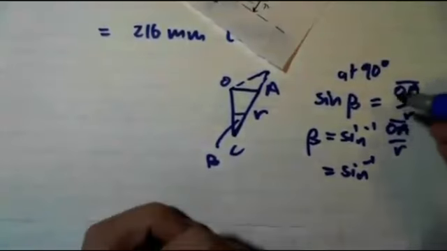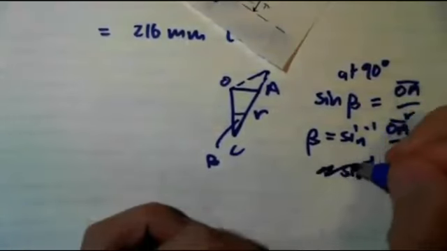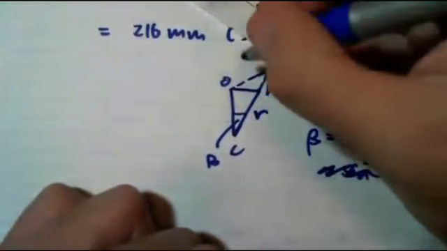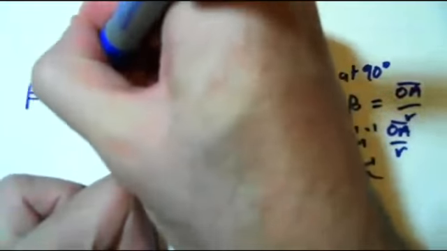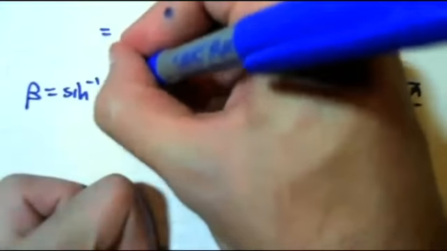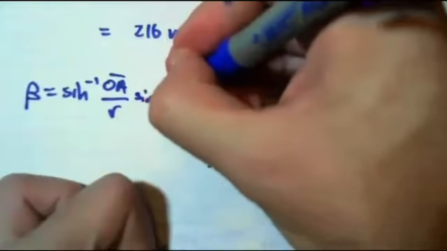So if this angle in here is not 90 degrees, beta equals the sine inverse of OA on R multiplied by the sine of 90 plus theta.